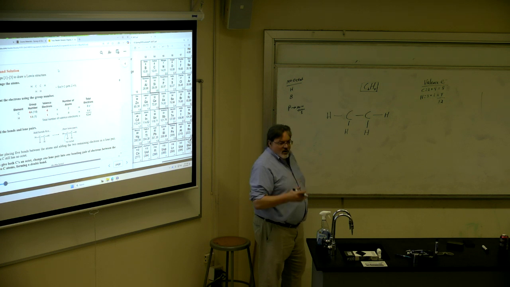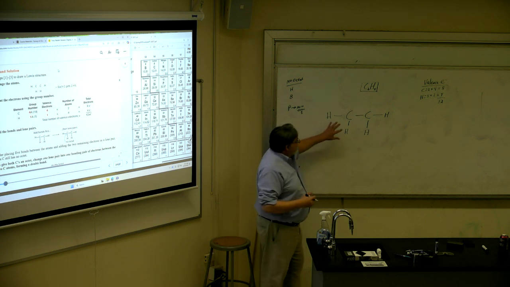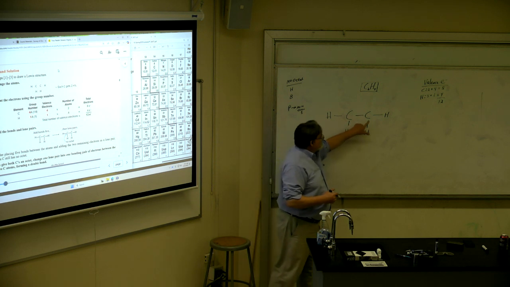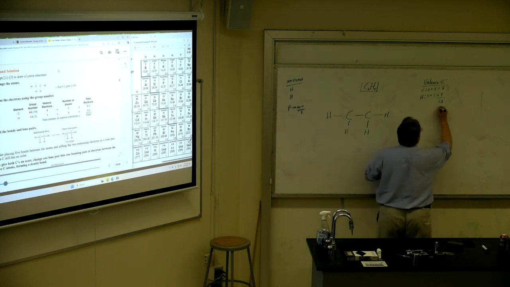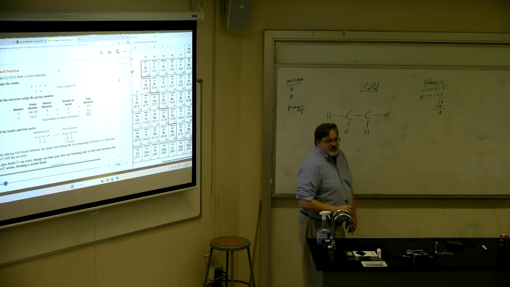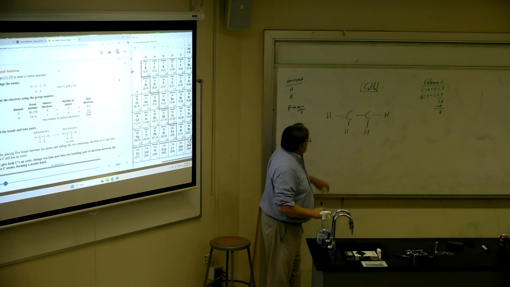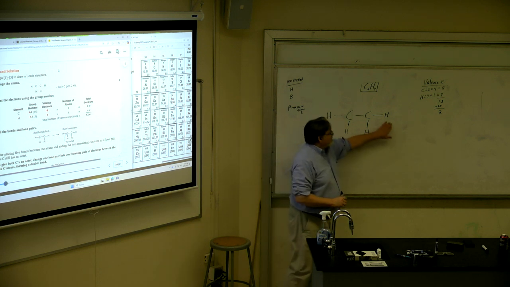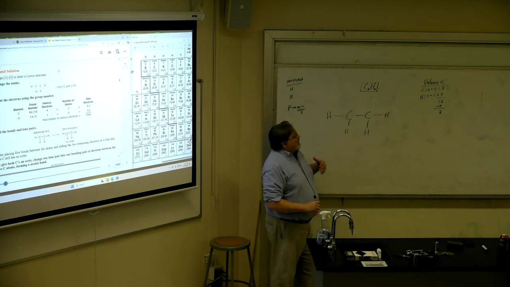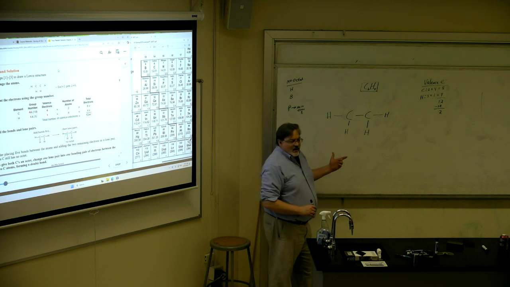So we have 12 total valence electrons, and we've already used 2, 4, 6, 8, 10 to get the backbone. So minus 10. I've got 2 left. I have to put a pair somewhere on here. The hydrogens don't get an octet, so I'm leaving those alone. I'm going to put that pair on one of the carbons. It doesn't matter which one.